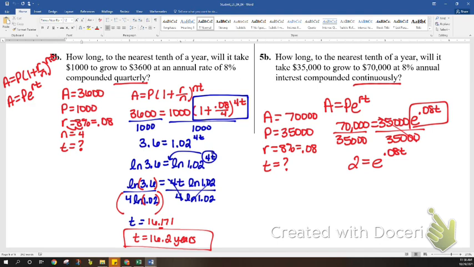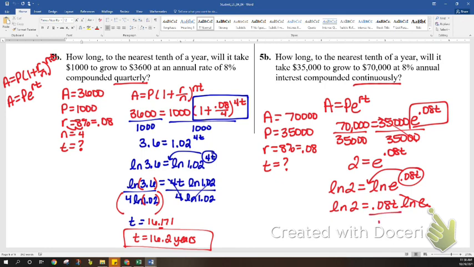We're stuck in exponential form, so let's go to log form. The natural log of 2 equals the natural log of e to the 0.08t. Now we can move that exponent in front of its log. Natural log of 2 equals 0.08t natural log of e. Remember, natural log of e is 1, so 1 times 0.08t is just 0.08t.